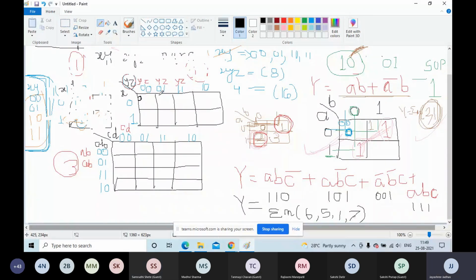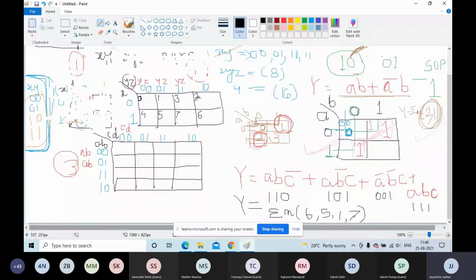Then x is 0, y and z are 1 1, so what decimal did we get? 3. Correct. 0 1 3 2, 4 5, 6 7. Okay, these are the decimal places.